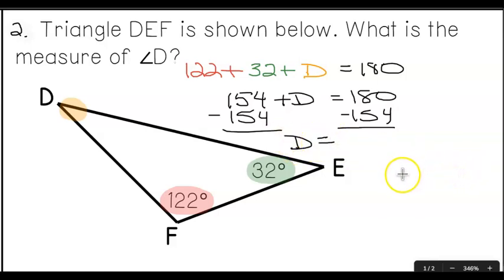D is going to equal, let's see, 180 minus 150 is 30, and then take away 4 more, and that's going to be 26 degrees. So you've probably figured out by now, if I just add these two and then subtract from 180, that's always going to give me that third angle. So add the 122 and the 32, and then subtract from 180, and that'll give you that last angle.